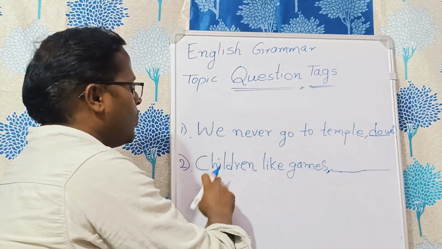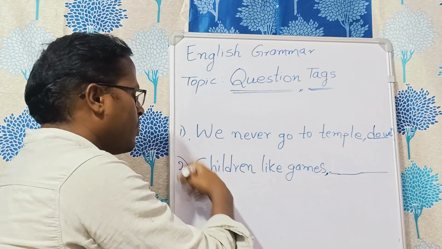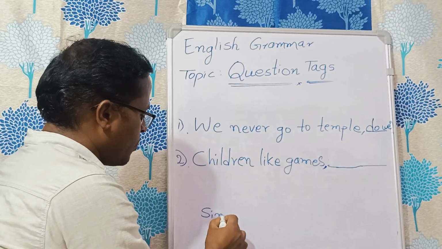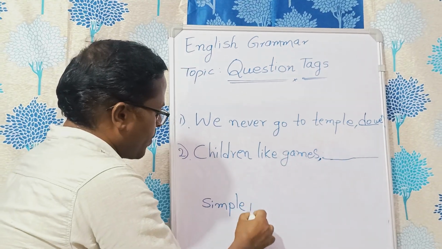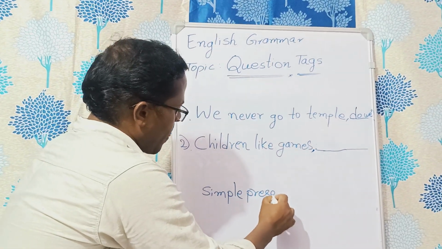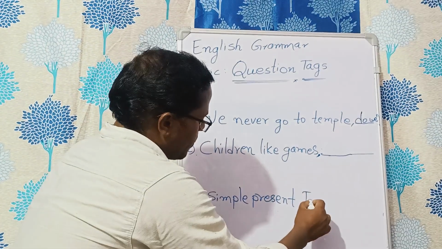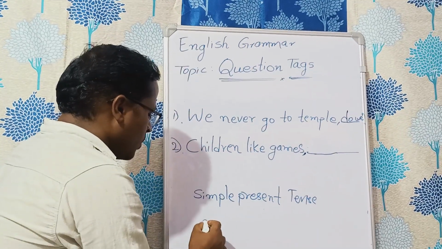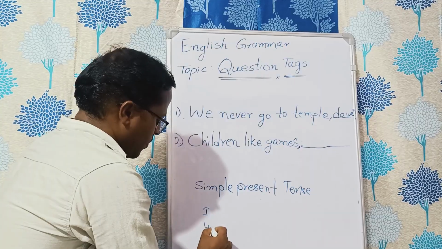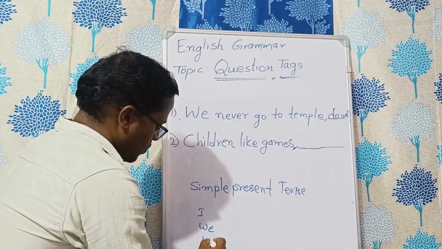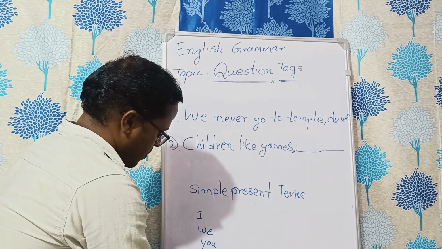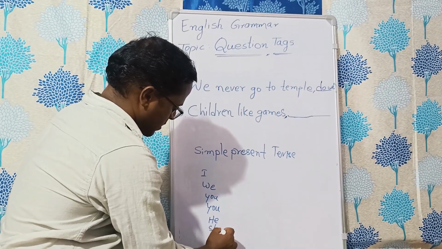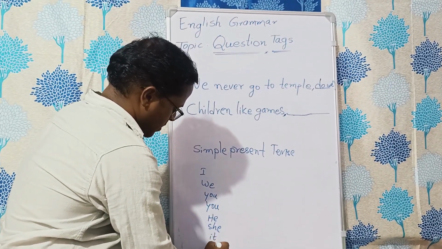After that we have to choose the helping verb in simple present tense. We have to take I, we, you, he, she, it, they.